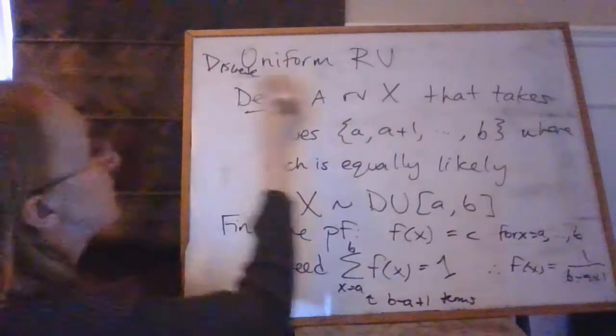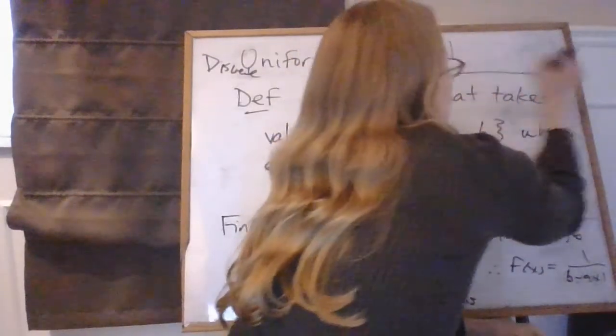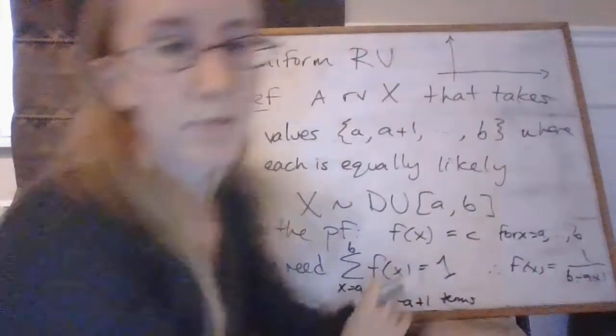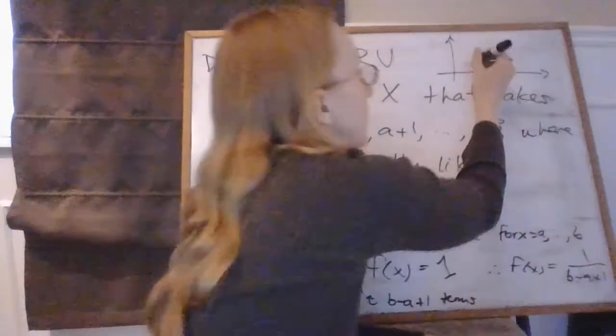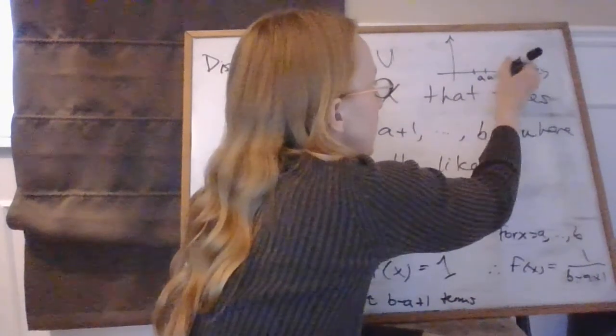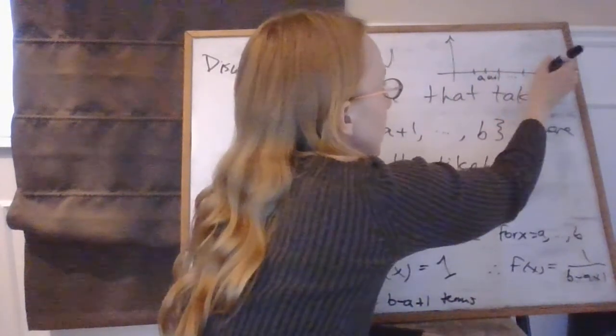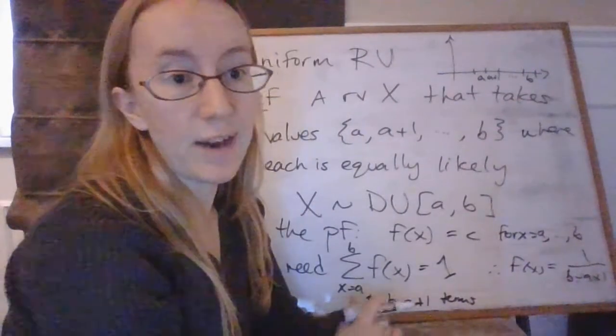I could graph that over here. Remember with a discrete random variable, we can't use a regular graph, we have to use a histogram. So here's, let's say, a in here, and a plus 1 is here, etc. And here's b. The discrete uniform random variable histogram is going to look like this.